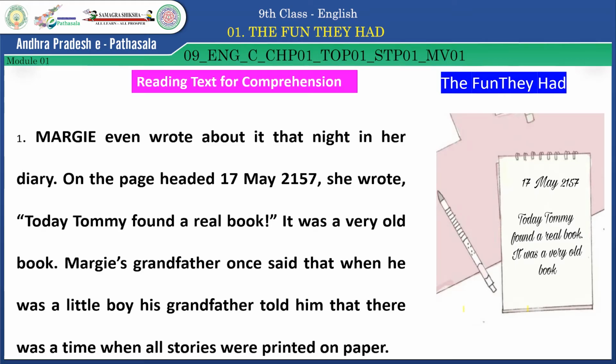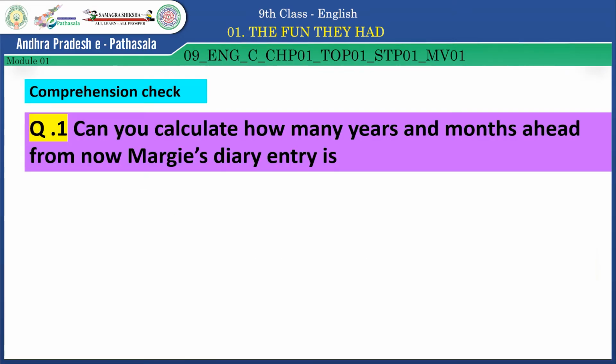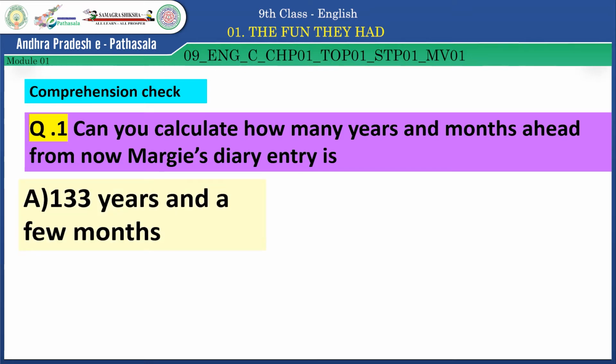How many years ahead was the story set? Can you guess? Can you calculate how many years and months ahead from now Maggie's diary entry is? Let's do the calculation and find out. Here are the options. A. 133 years and a few months.